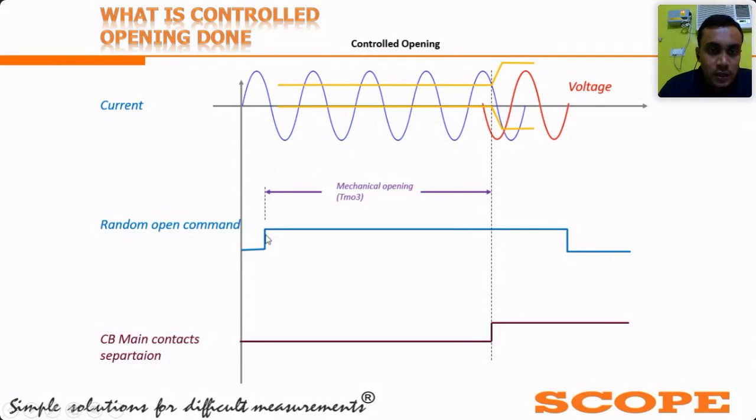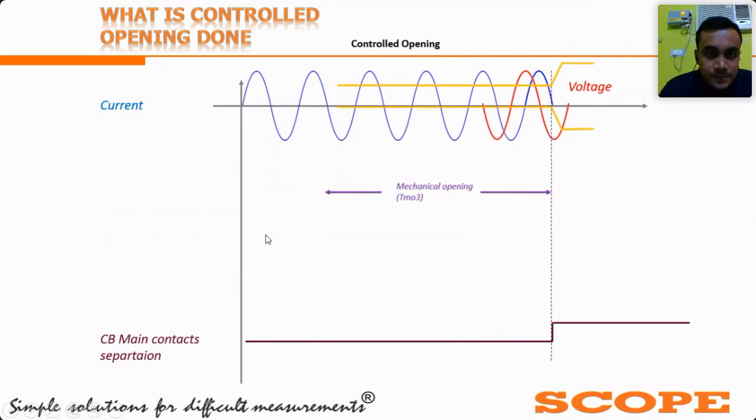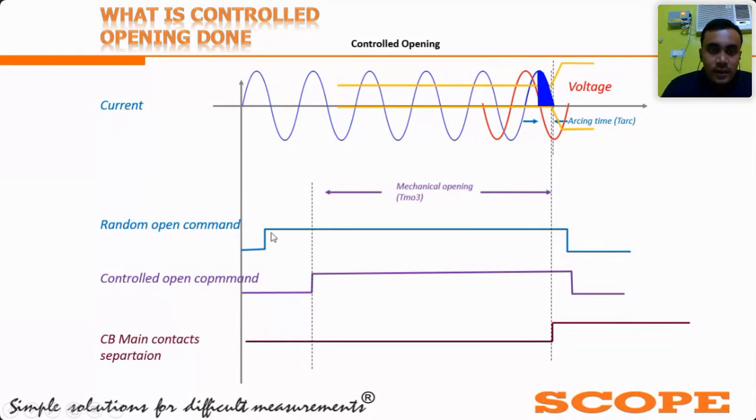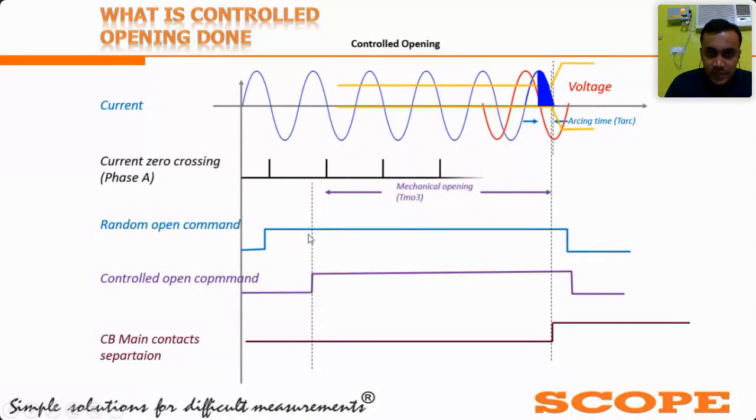Here, if you can see my cursor, initially we have given the random open command. After some delay, you can see it is a calculated delay, calculated by the relay.